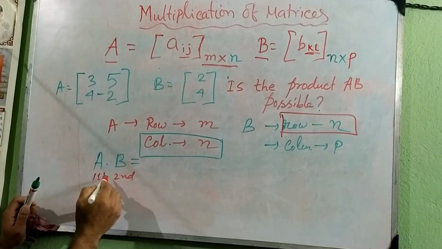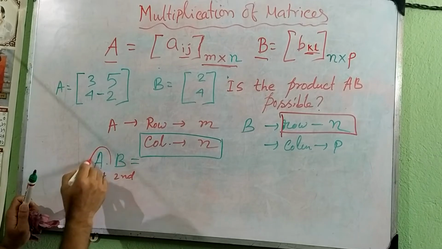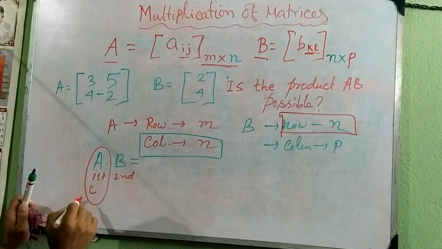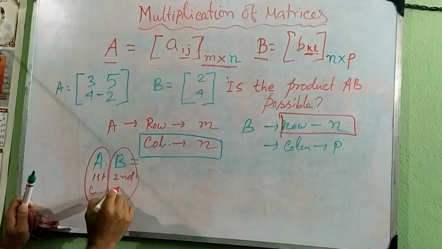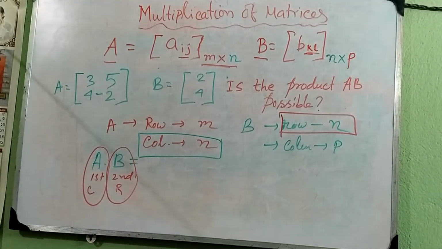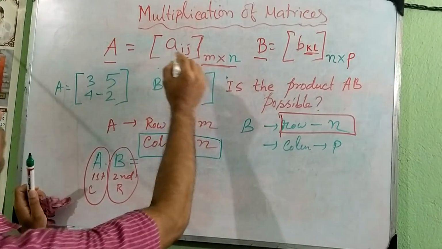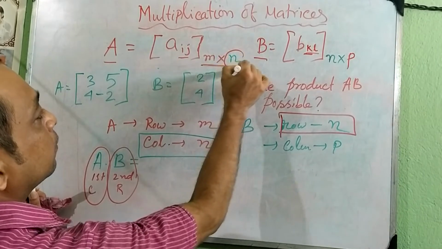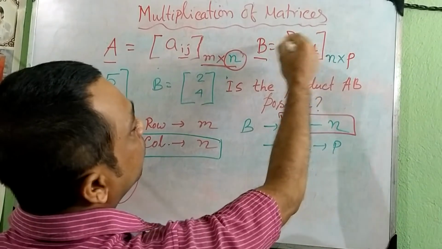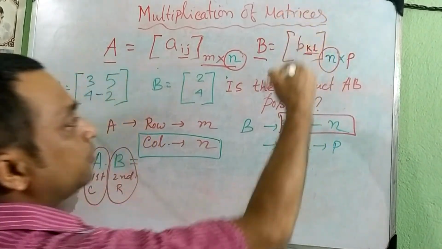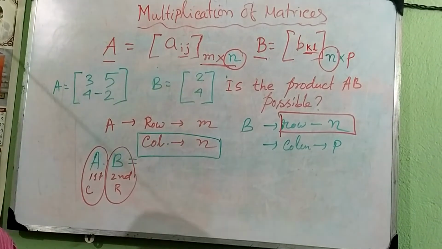So the product is possible if and only if the column of the first matrix is equal to the row of the second matrix. You can see here, the column of the first matrix is n and the row of the second matrix is also n. So this product is possible.